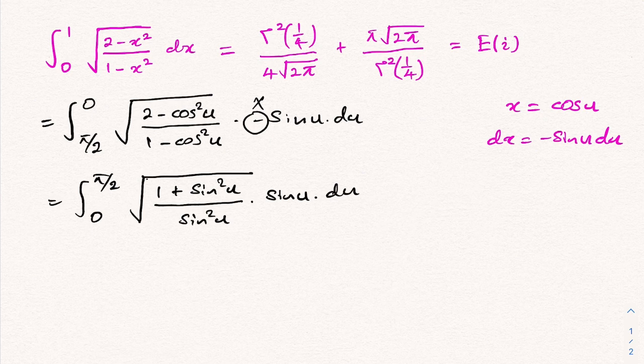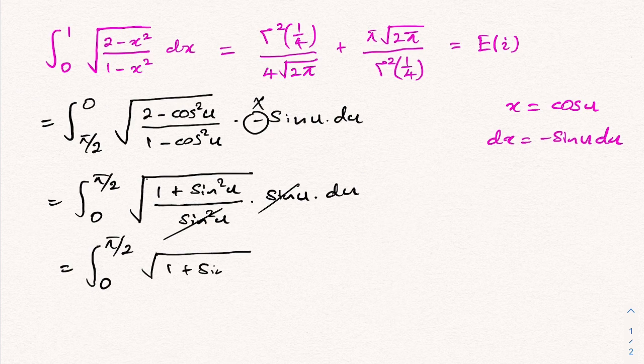Then we have the square root of sine squared of u, that is sine of u, and this sine of u gets cancelled. So we have the integral from 0 to π/2 of the square root of 1 plus sine squared of u du.